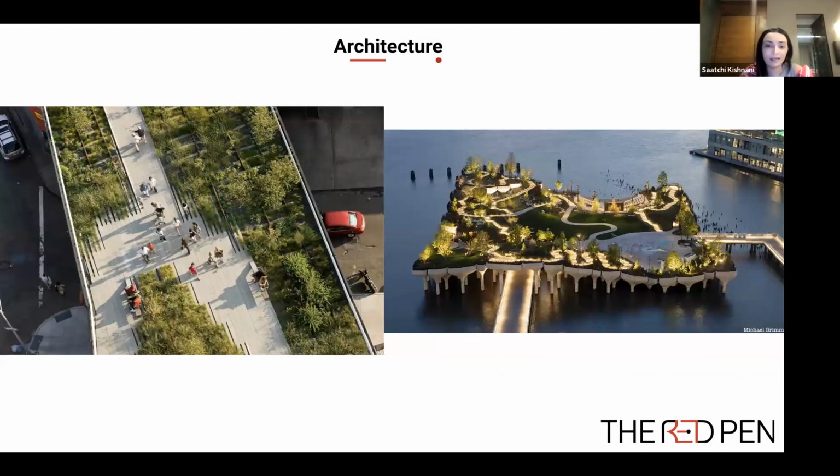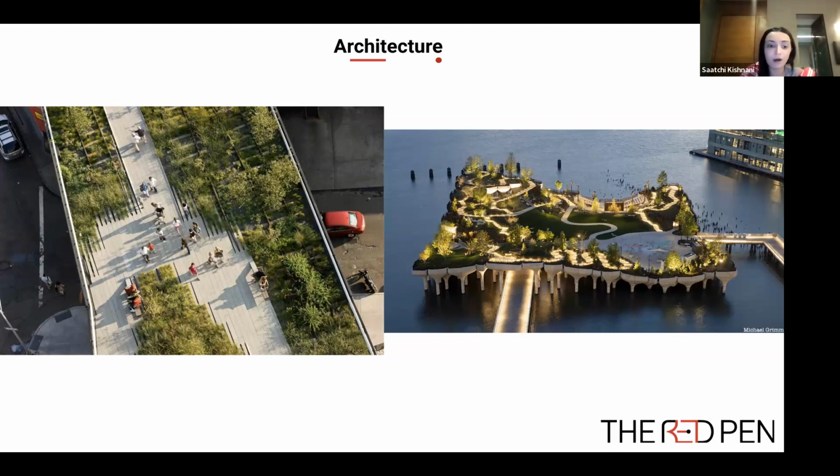A little bit about landscape architecture here. These are both pretty modern parks in New York. The one on the left is the Highline, if you guys are familiar with it. Again, an architectural marvel. It goes all the way from downtown Manhattan to almost 50th to 60th Street in New York.